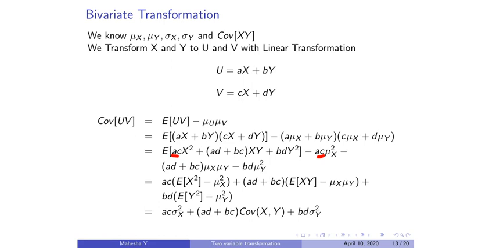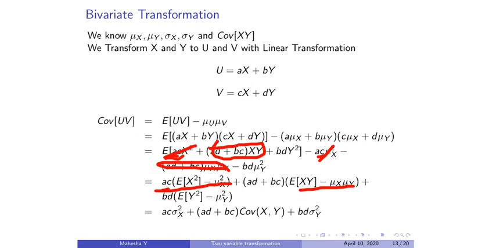So I can take ac outside and move the expectation operator inside to x square. So ac E of x square minus mu x square. So that is done. Then we have ad plus bc E of xy, which has the same coefficient here also, ad plus bc mu x mu y. So ad plus bc E of xy minus mu x mu y.